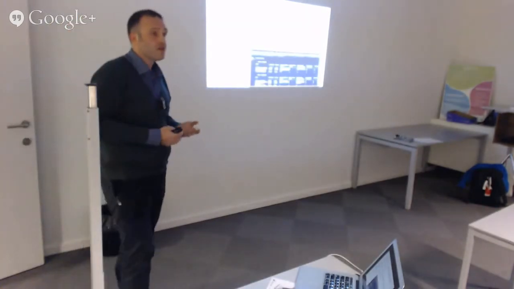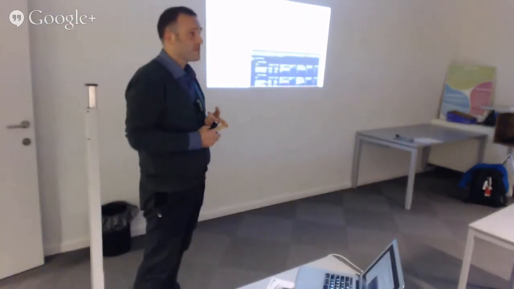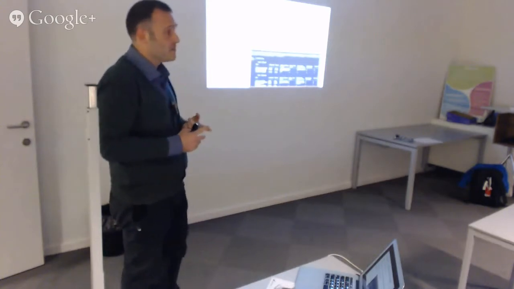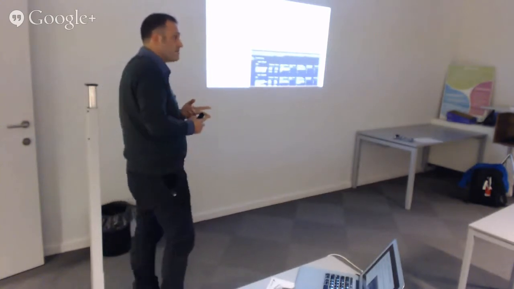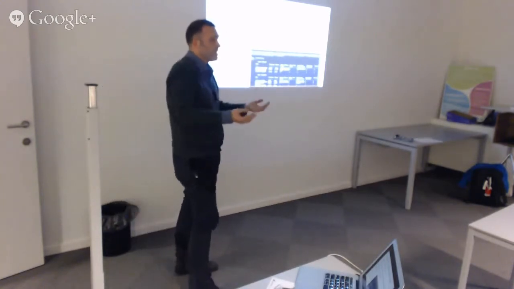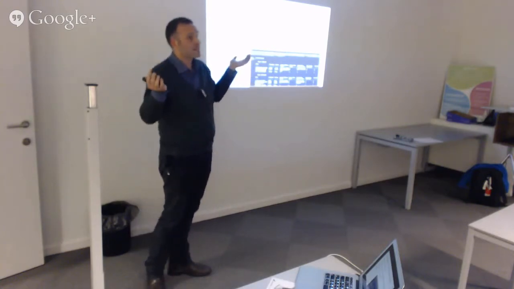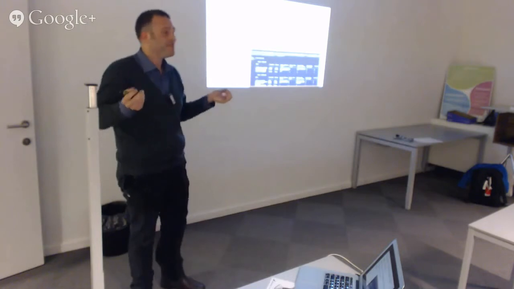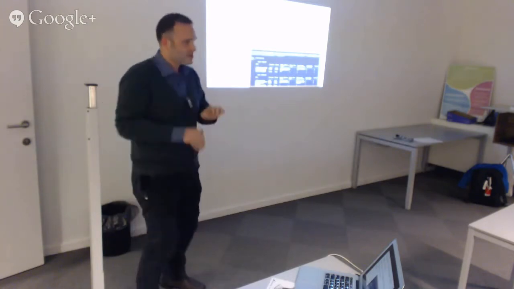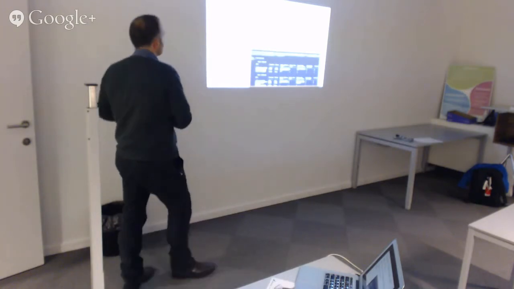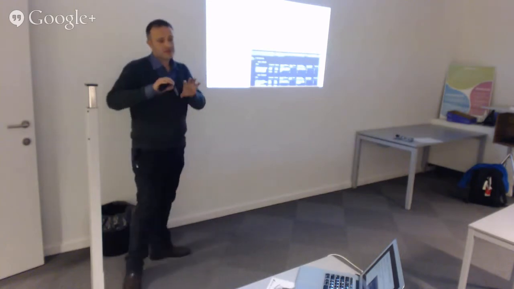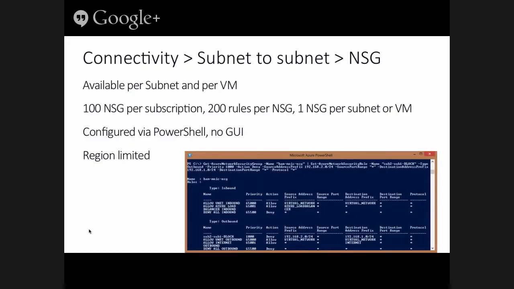The big questions were logging, because you cannot see what is allowed and what is not allowed. You don't have any debugging. So you put it in there, and then you hope for the best. Does it work? Do you have a connection? Oh, yay. Not? Okay, let's try it again. So new PowerShell, try again. So that's in between subnets.